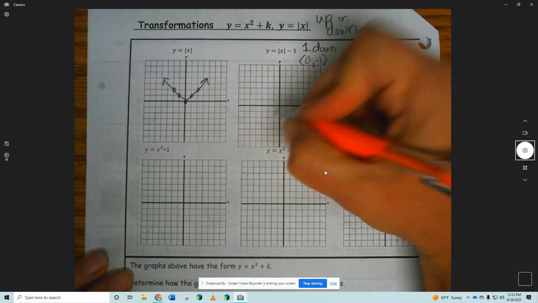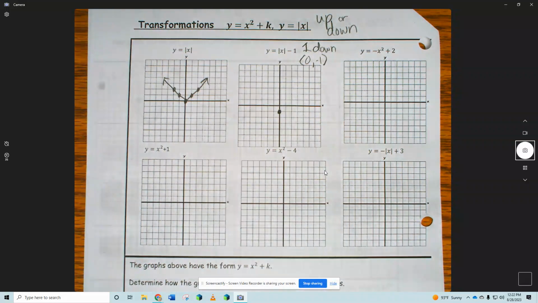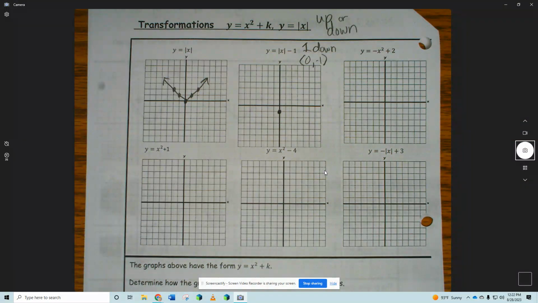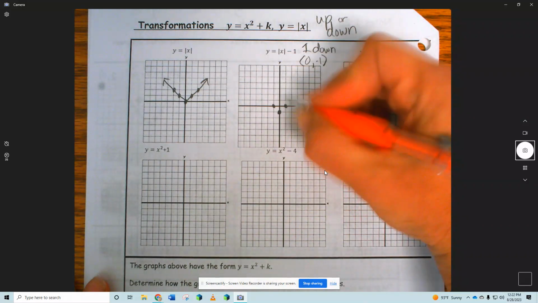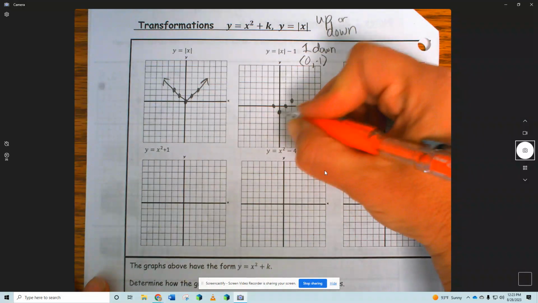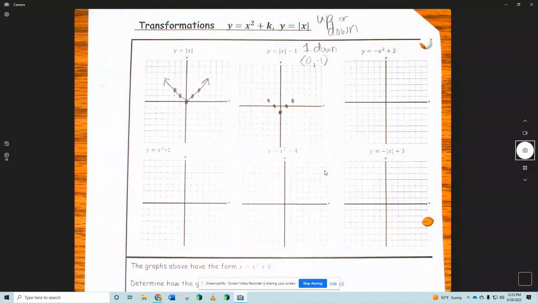Good. And plot that. 0, -1. And I'm just simply making the V shape again. It's absolute value of x minus 1. Like that. V shape.